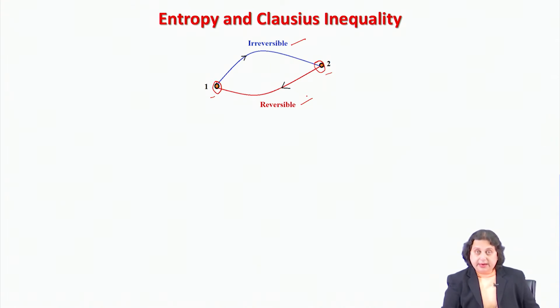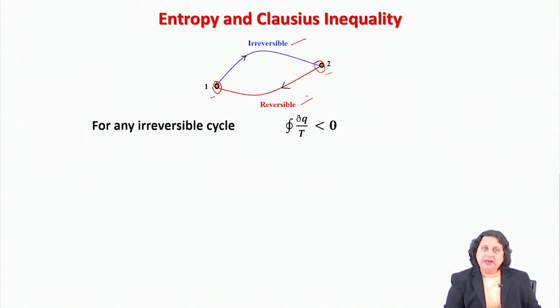So all of you would agree that this is a cyclic process. But what kind of cycle is this? The heat engine which follows this kind of transformation, shall I label it as a reversible engine or irreversible engine? Of course, this is going to be an irreversible engine.